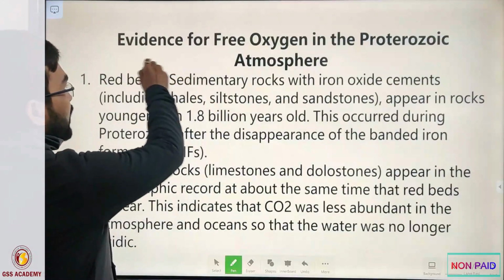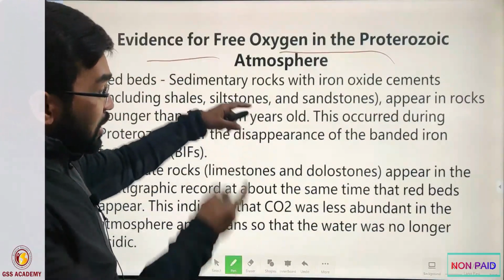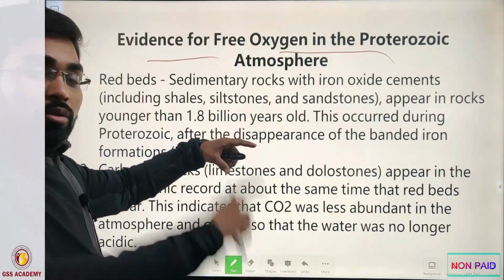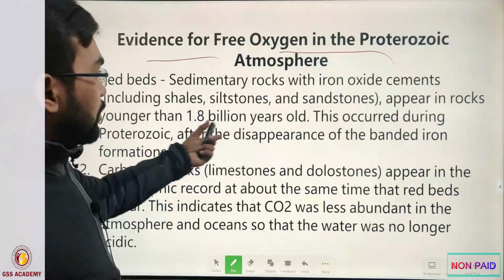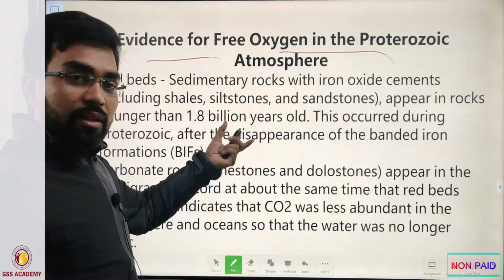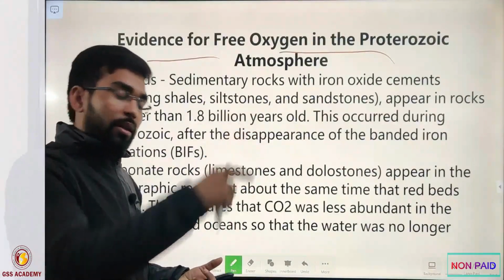Now look at the evidences of free oxygen in the Proterozoic atmosphere. Now we are talking about after 2.5 Ga, relatively 2.6 to 2.5 Ga, and the evidences you saw in the previous slide are from before that time.